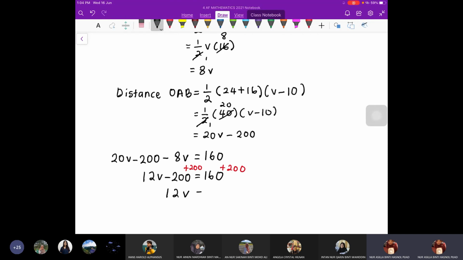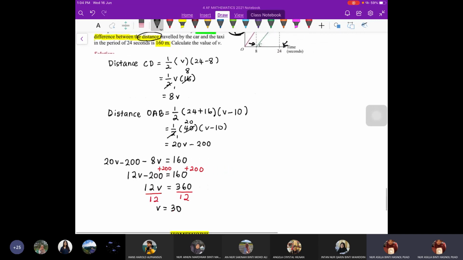So 12V is equals to 360. And then divide by 12. So V is equals to 30. Alright, sekarang barulah masuk akal sikit.